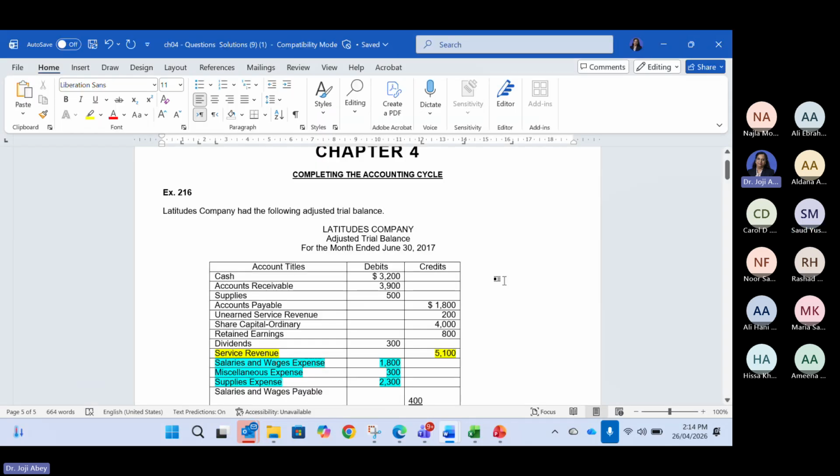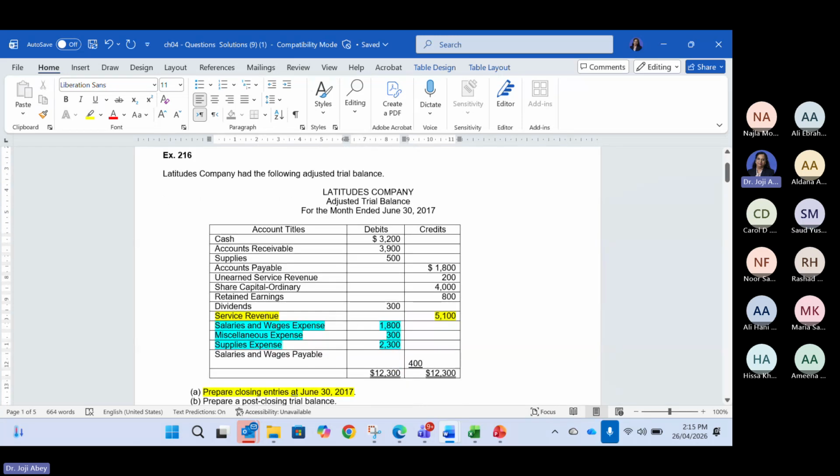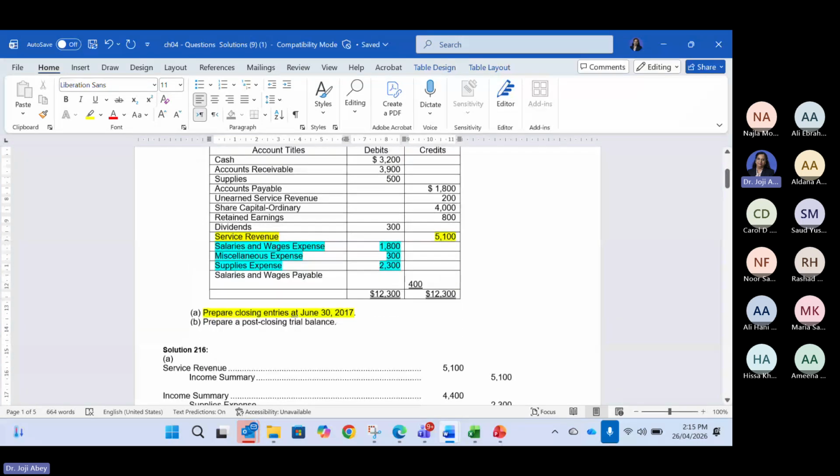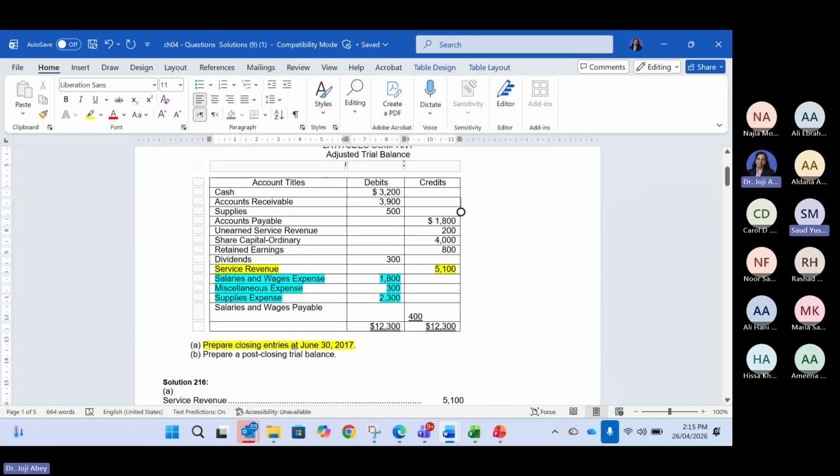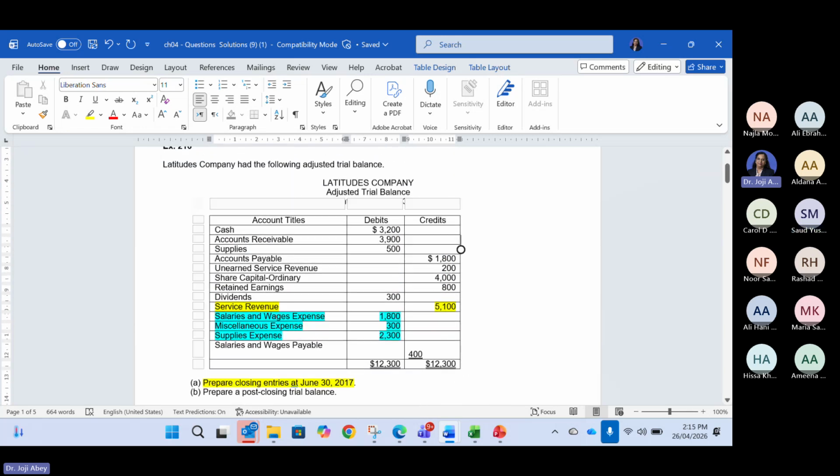So the first question is regarding a trial balance that is given. We need to prepare the closing entries. Before the exam, we have explained about this. This is additional exercise for that. That means this trial balance is the rough balance which includes the assets, liabilities, revenues, and expense.